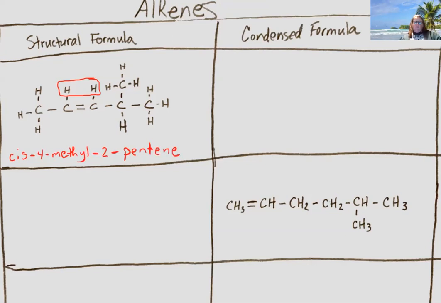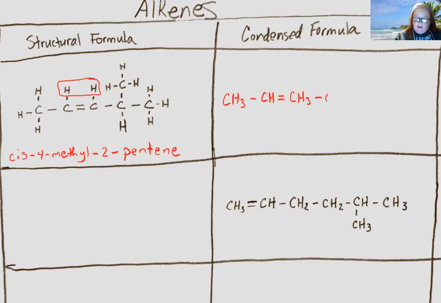And a condensed formula really cannot indicate the cis or trans, which I'll show you in just a second. So it doesn't really indicate that. So I just follow the same way I did before. I have a CH3, dash, and then I have a CH connected by the double bond, CH, dash.